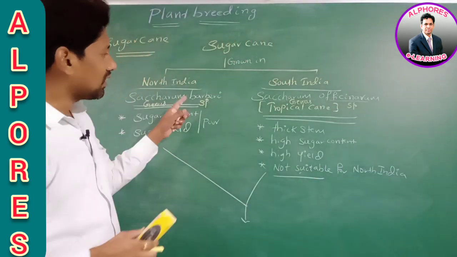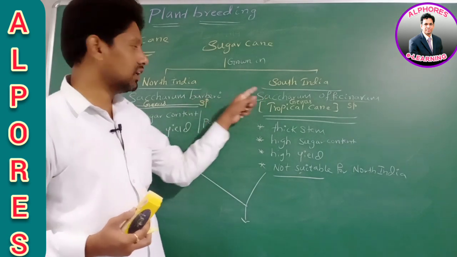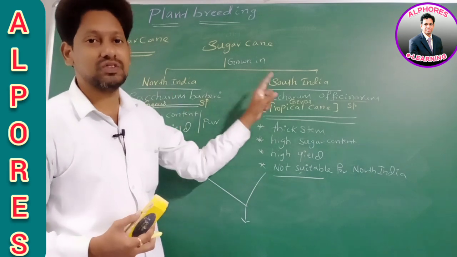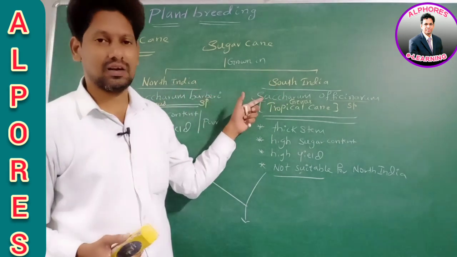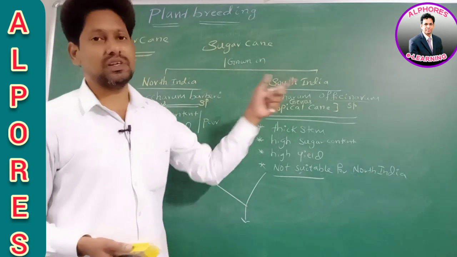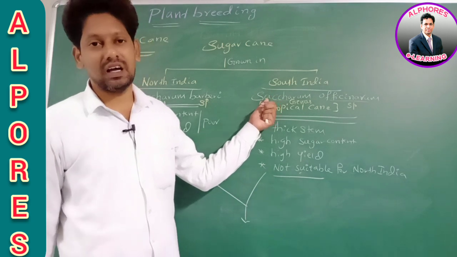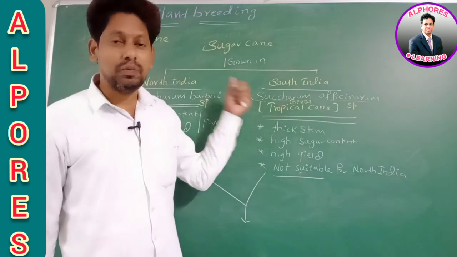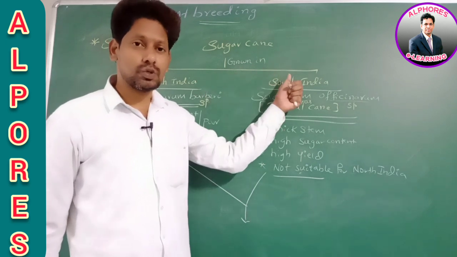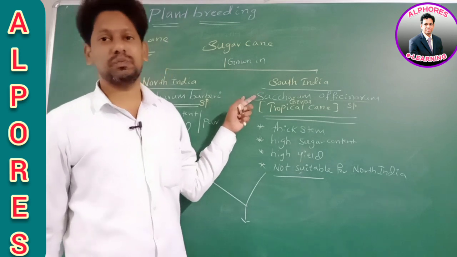It means the cross is made between two plants belonging to the same genus, but they differ in species. So the cross is made between plants belonging to two different species. Can we call this cross an interspecific cross?